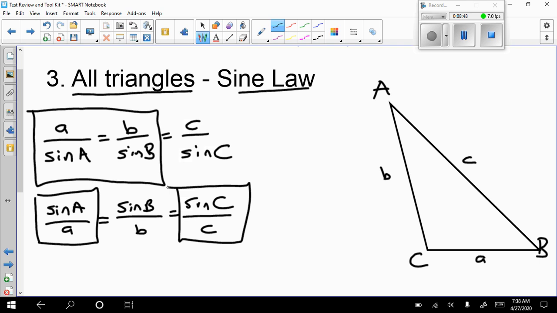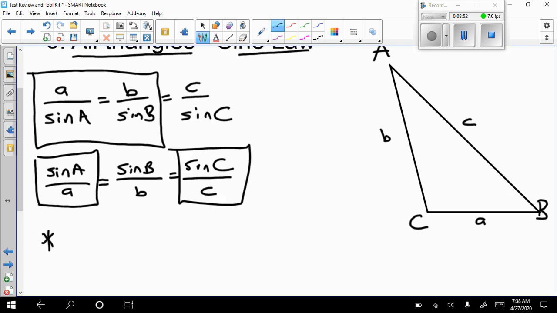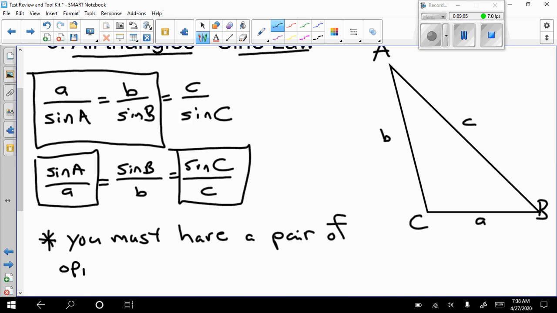In order to use sine law, and here's how I'm going to put a little star here, in order to use sine law, you must have a pair of opposite side and angle.